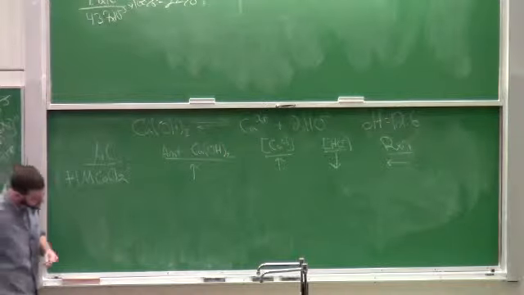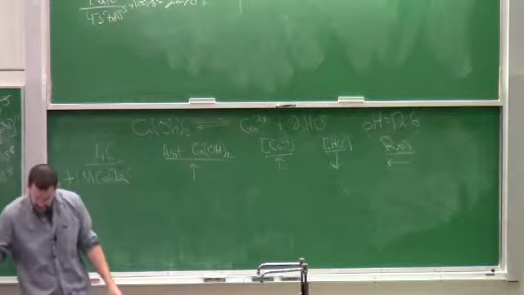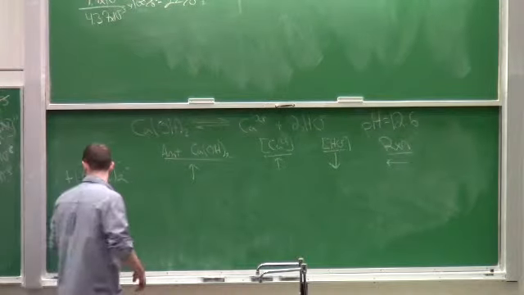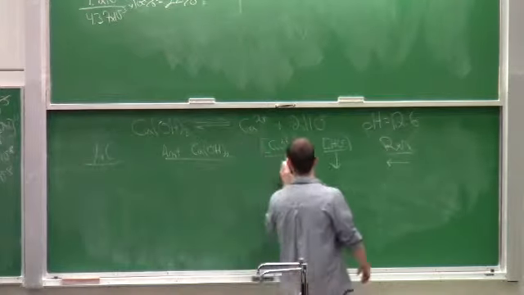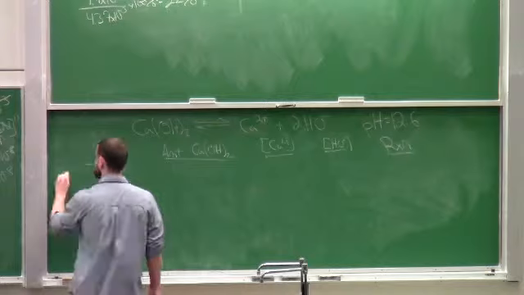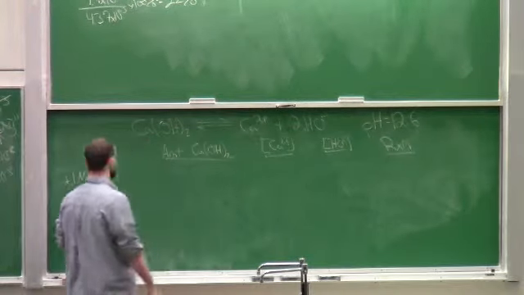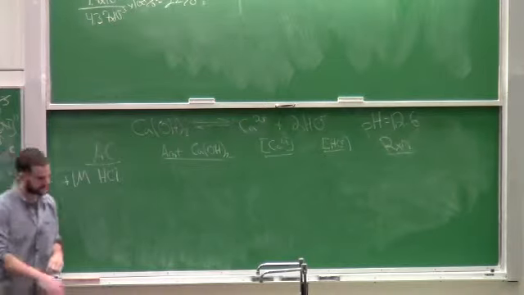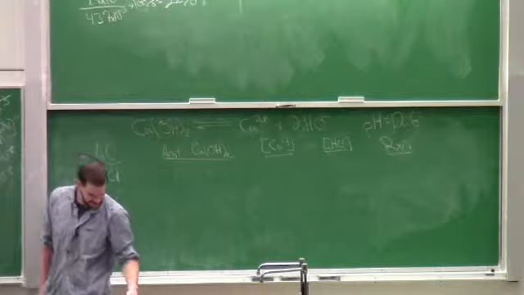All right. A little bit more exotic now. Let's add 1 molar hydrochloric acid to this solution. So what do we think is going to happen? Amount of calcium hydroxide solid? Decreases.